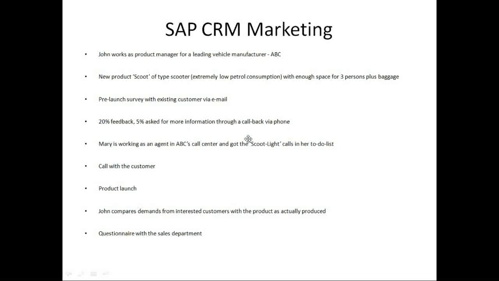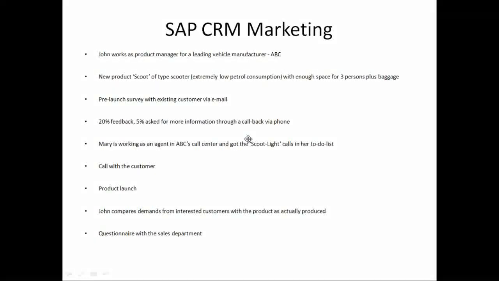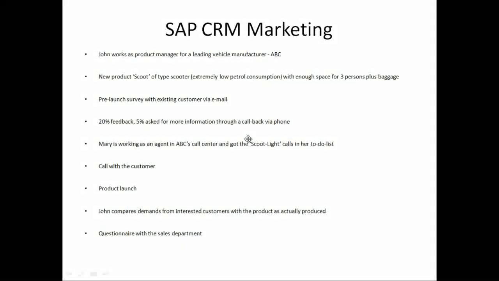Now, before launching this new Scoot, a pre-launch survey will be taken with the existing customers through email by the product manager John. This pre-launch survey is mainly to understand what features have been felt as missing by the customers in the earlier products of the company ABC.